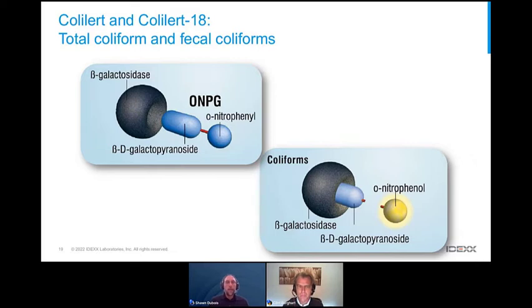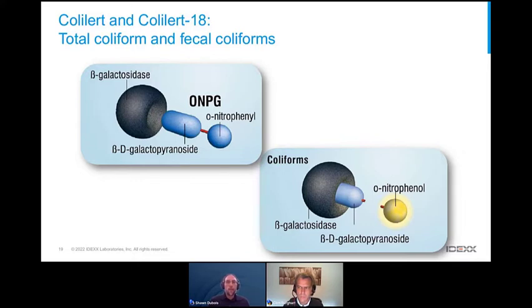That nutrient indicator is what's going to allow us to say whether or not our target bacteria are present. So Colilert and Colilert-18 have 2 nutrient indicators. The first one is O-nitrophenyl beta-D-galactopyranoside, or ONPG. You can see there are 2 molecules that are bound together. The O-nitrophenyl is the indicator, and the beta-D-galactopyranoside is the nutrient.